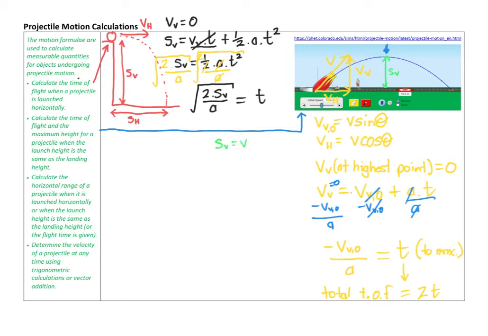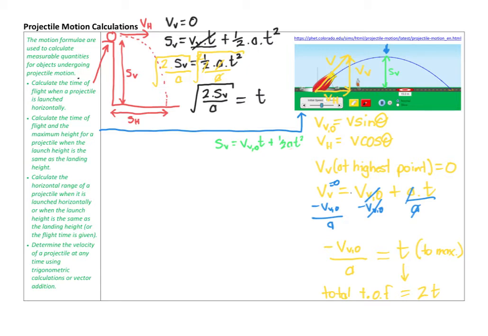SV equals VV0 times T plus a half AT squared, so V0 is the initial vertical velocity. And if we plug all that into that formula, we know the initial vertical velocity from there. We know the time to get to the maximum height. This was this time here that we calculated.